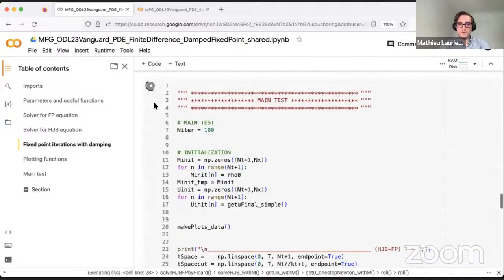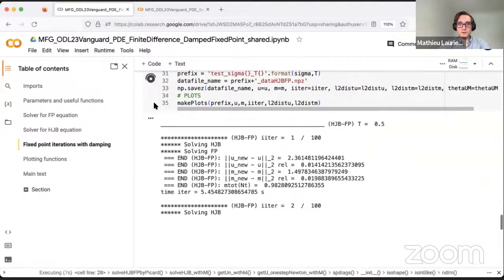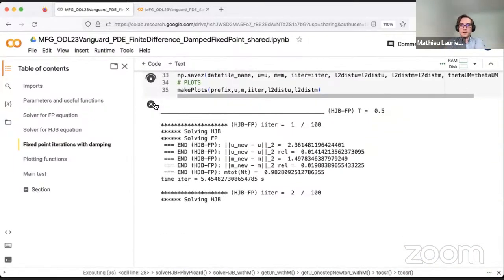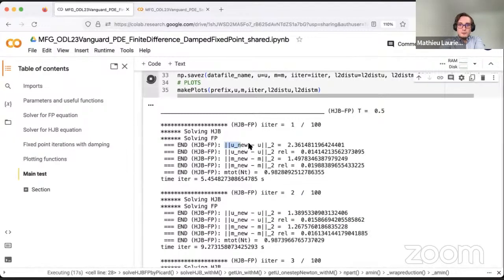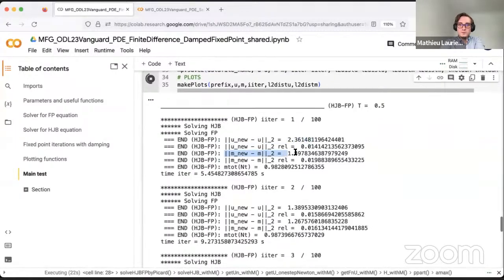So, okay, so here everything has already run. So let's see. Now you see step by step, it is going to print the information. And let's see. So at the beginning, here you have U like this. The difference between two iterates is like this. And here it decreases a little bit.